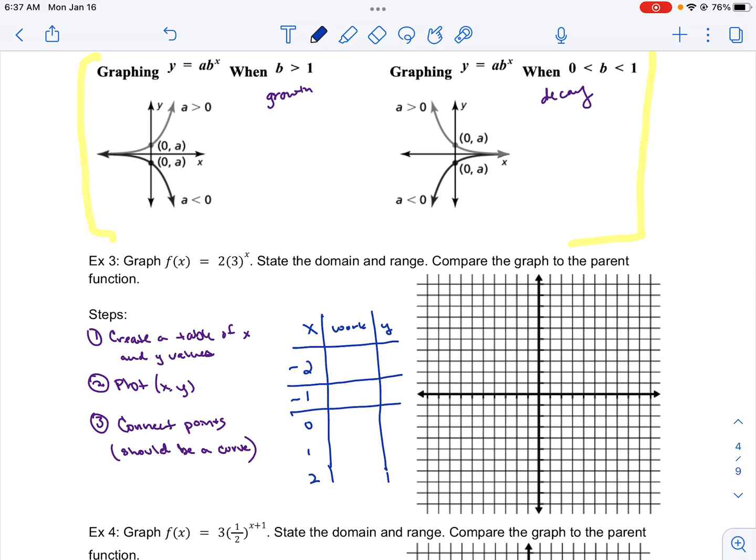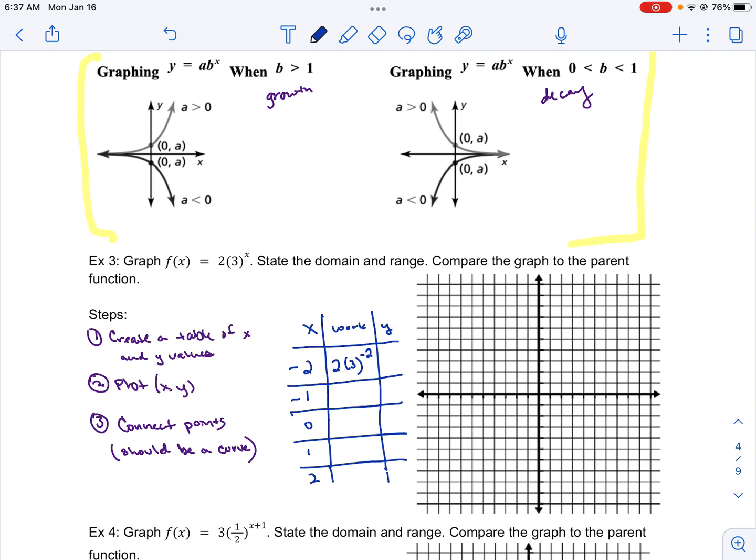I'd go with -2, -1, 0, 1, and 2. They're easy numbers, right? So our work here is you're just subbing in to that x spot. So notice you're just subbing in. It's kind of like example 2. And now we're just getting that y value after we calculate it.